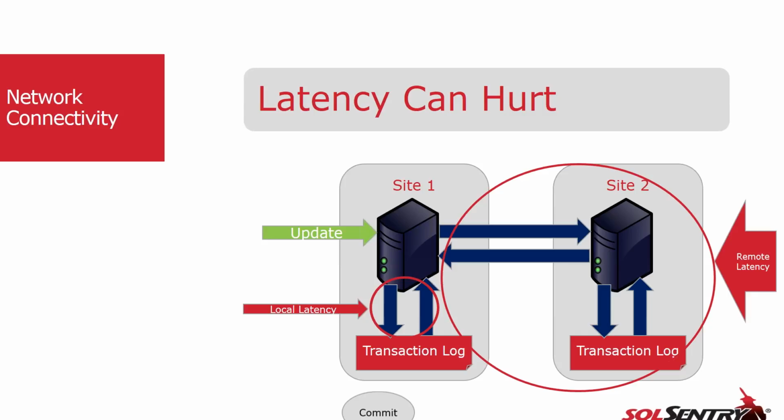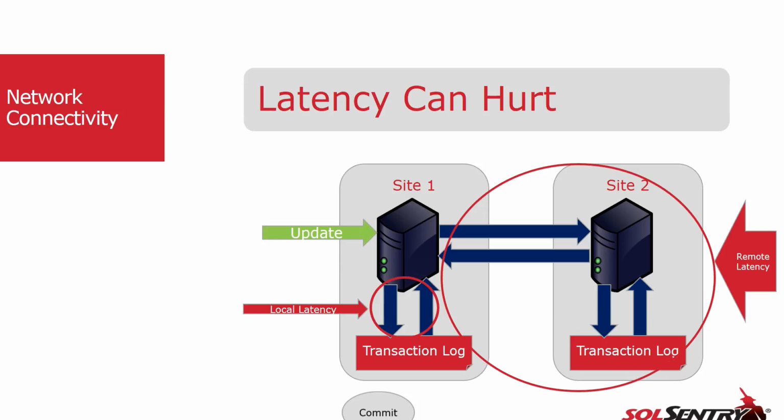Okay, now the way I tend to view this is the transmission to the secondary site, the whole process from sending it from, in this instance, site 1 to site 2, hardening in the transaction log, and then sending the acknowledgement back, I just think about it as a logical extension of the I/O channel. Okay, so I've got disk latency on my system that I'm dealing with here.